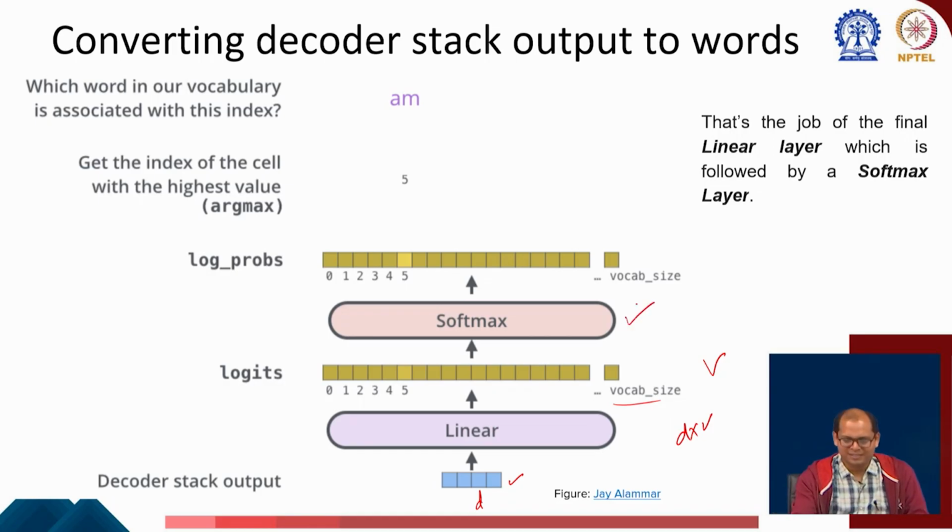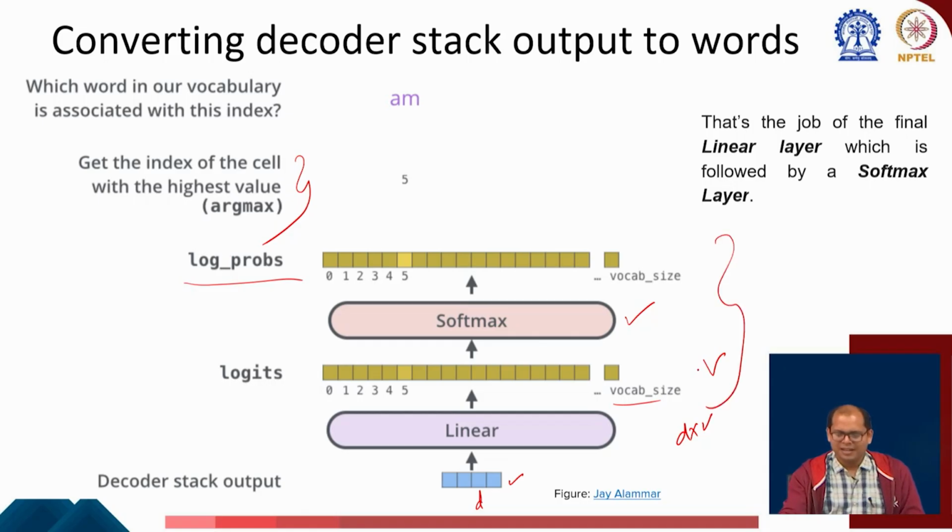So you apply softmax and you get the probabilities, and from there you can do argmax or something, depending on your decoding logic. Now this is all done by the final layer, and this is very similar to an RNN decoder, or an RNN language model, you can say.